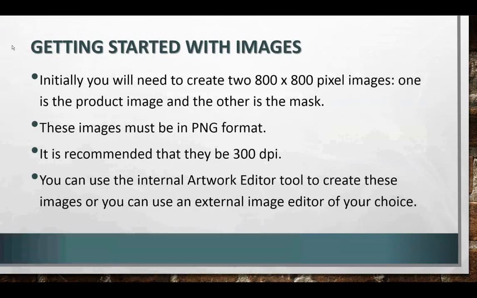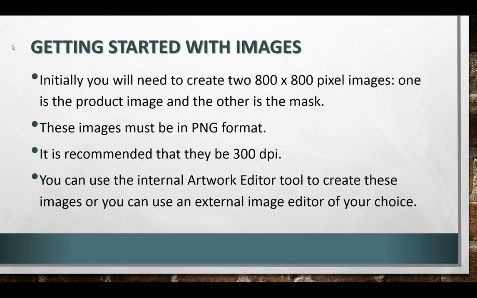When you first get started, what you need to know is about the images. You're going to need to create two 800 by 800 pixel images. One is the product image and the other is the mask. These images must be in PNG format. It's recommended that they be 300 dpi.